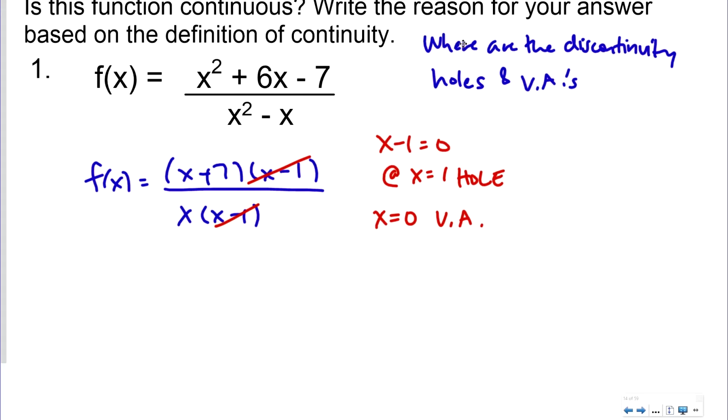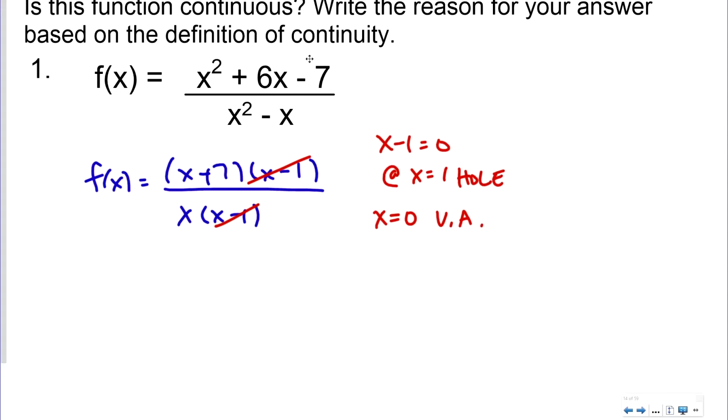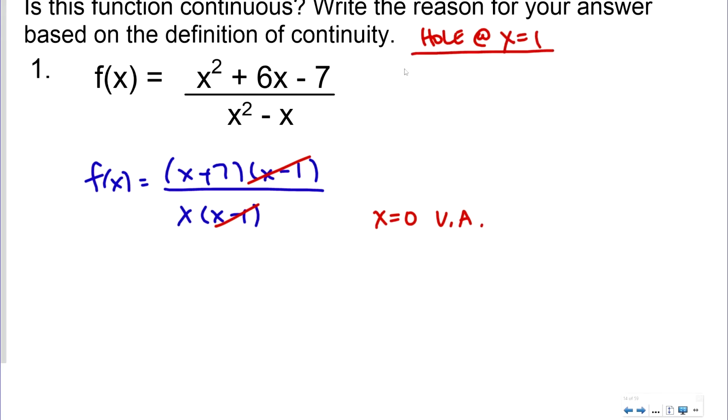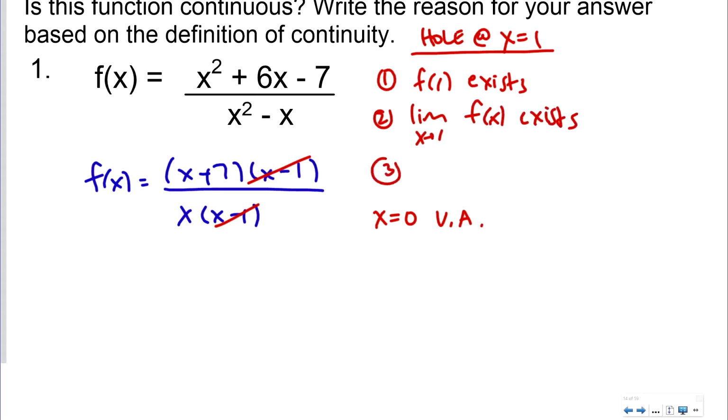Now, how do we show where the discontinuities are using the definition of continuity? What we have to do is think about the definition of continuity at each of these discontinuous places of x. So let's first look at the hole. If there's a hole at x equals 1, we can show that this function is continuous if f of 1 exists, if the limit as x goes to 1 of f of x exists, and if the dot equals the limit.